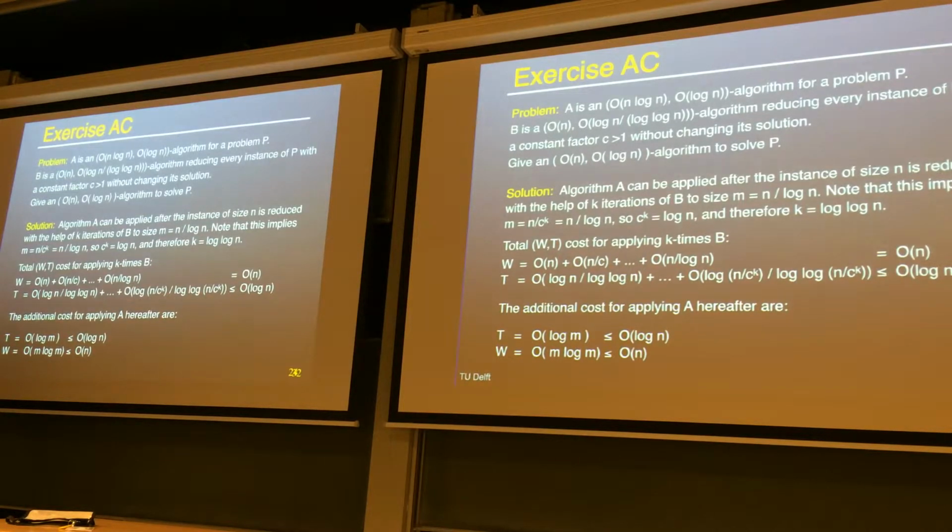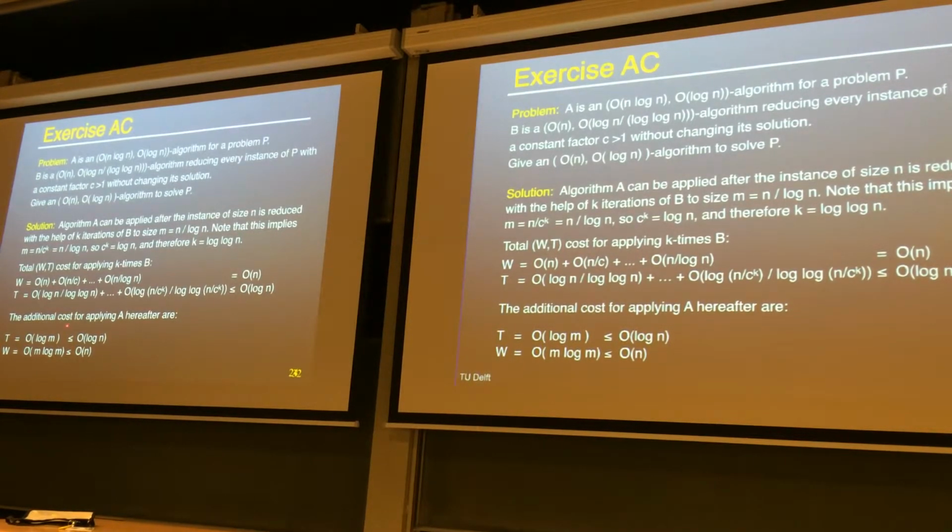Every term here is dominated by log n divided by log n. If you have log n of those terms, then you have log n times log n divided by log n, and that's the O of log n. And please be very careful in summing up these logarithms. You can't always apply this trick of convergent series in this way.